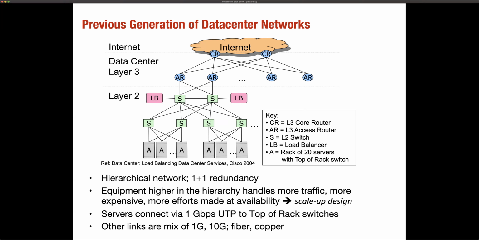We'll cover the oversubscription part later as well. So this is the architecture of data center networks before the new generation of data center networks came out. Looking at the architecture, you can sense what type of problems it will have, but we'll dig into those problems in more detail now.